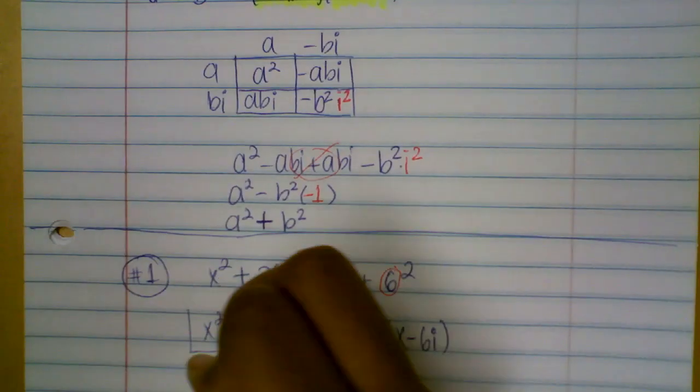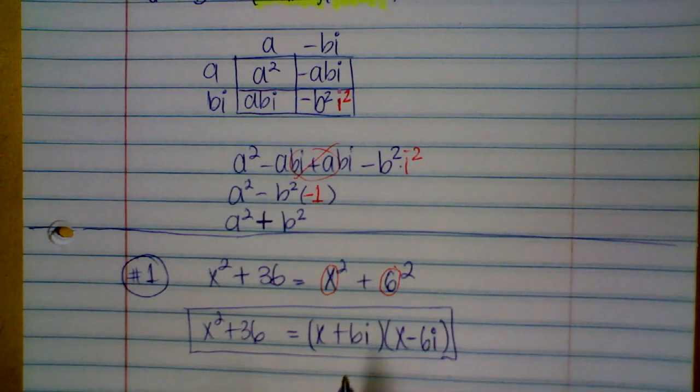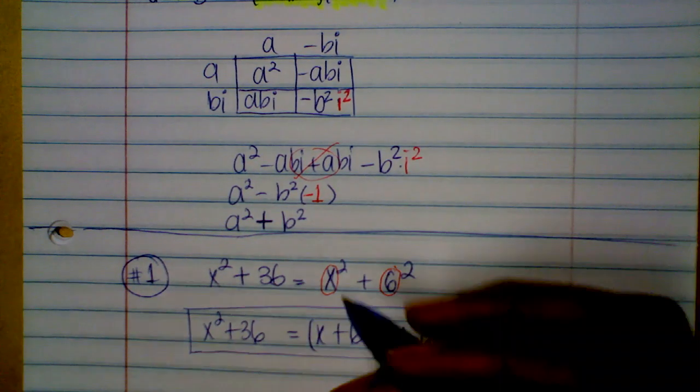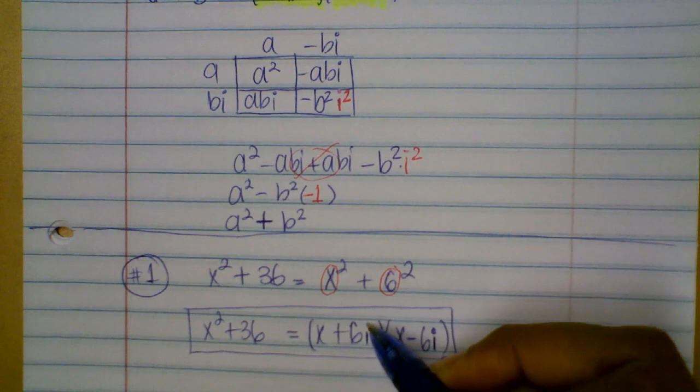And that's your final result, the factors. And again, if you multiply, you end up with x squared plus 36. So make sure you include the i inside the factor.